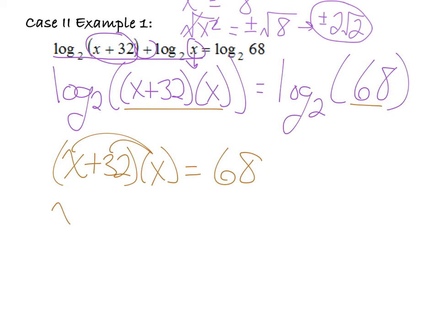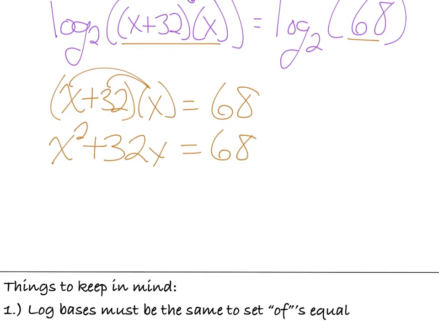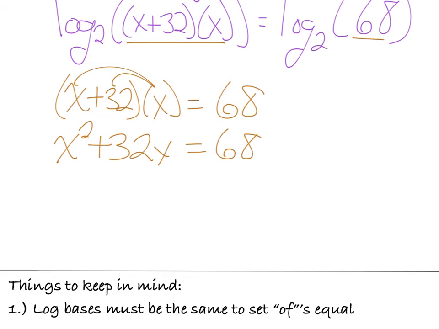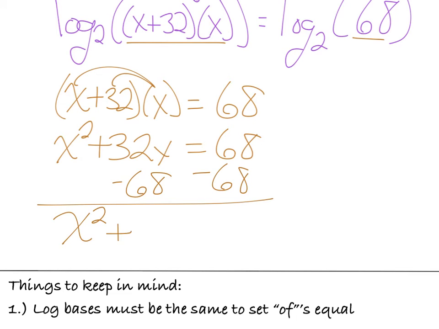I can distribute, and then since again I have an x squared in this case, and they won't always have x squareds, but since I have an x squared in this case, I'm going to set it equal to 0 so that I can then factor it and solve it, telling me that I should have 2 possible answers that I will need to check.